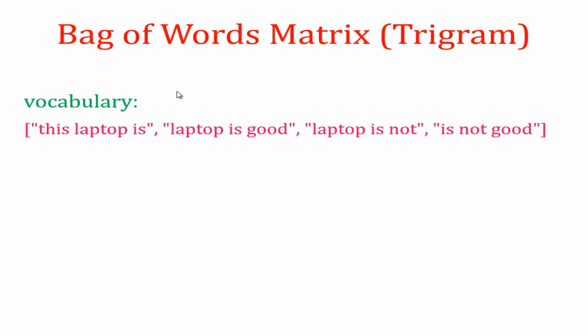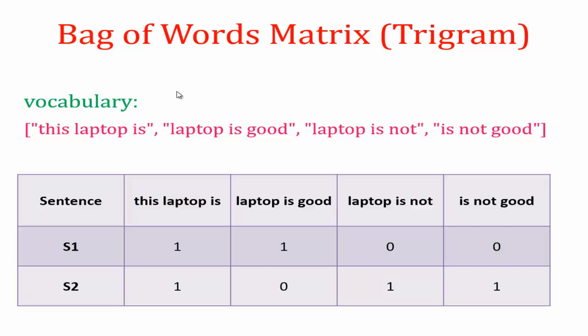Now, as usual, we apply the bag of words matrix. Here, bag of 3 grams, also called bag of trigram. This means we go sentence by sentence and count how many times each trigram appears. Now, this is our bag of 3 gram matrix. If we observe this in sentence 1, we have trigrams like "this laptop is good".